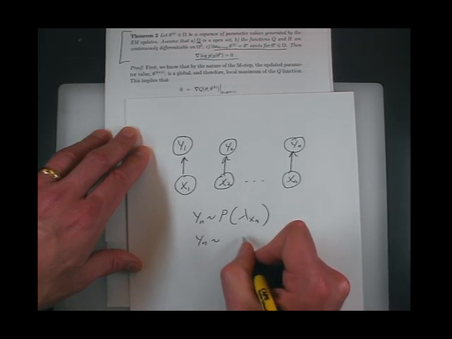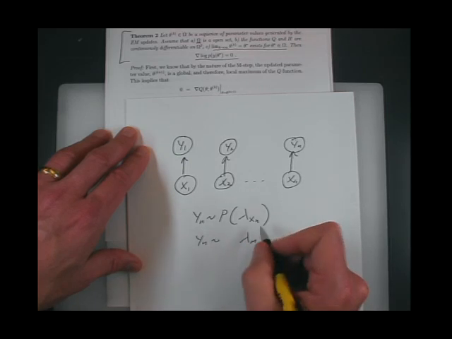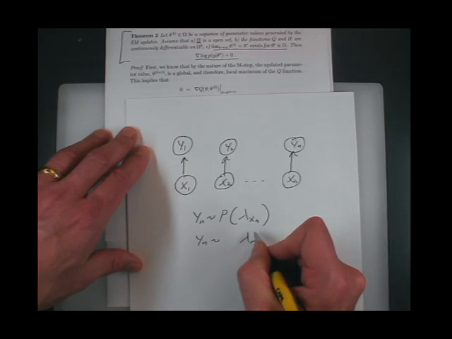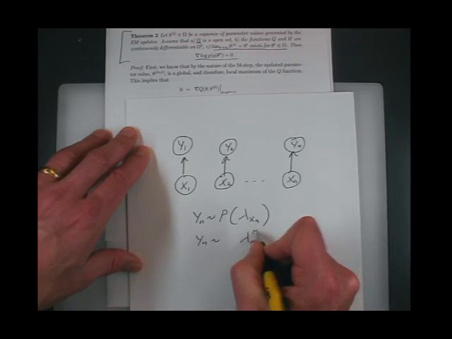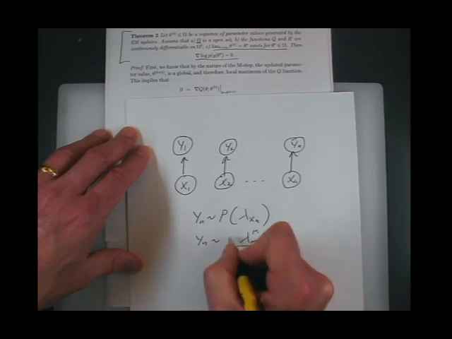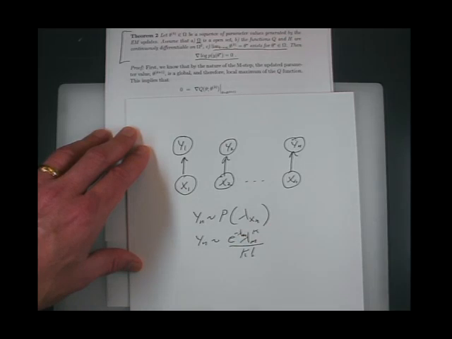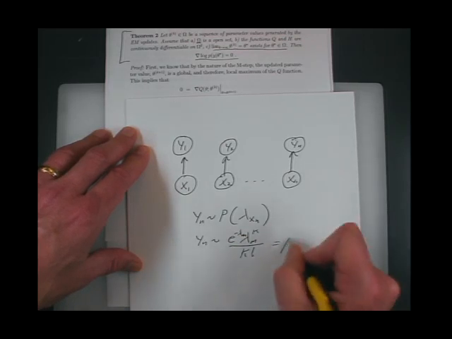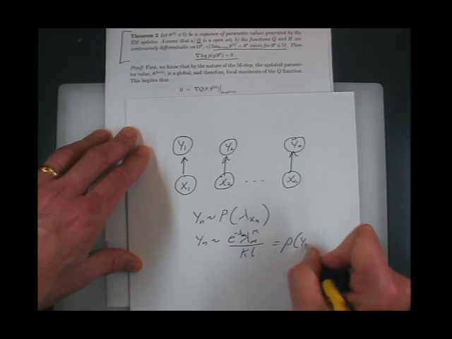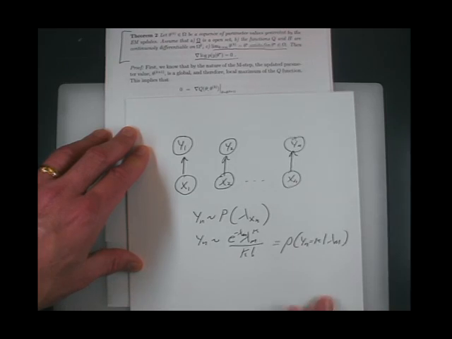It's going to be lambda n to the k over k factorial times e to the minus lambda n, something like that? Is that correct? Yep. So that's the probability that yn equals k, given lambda n is the rate.